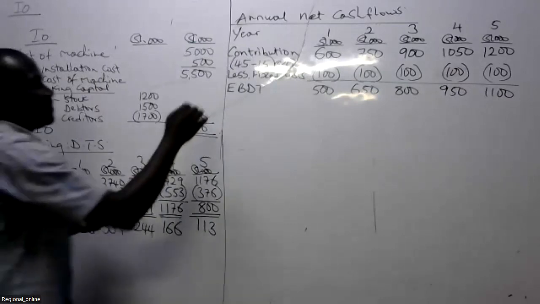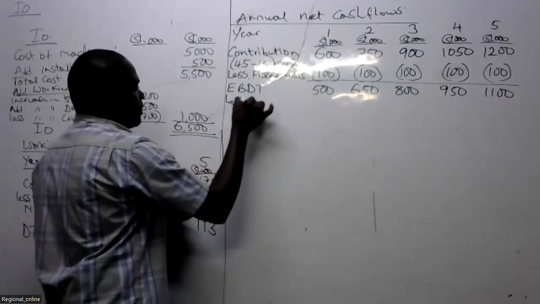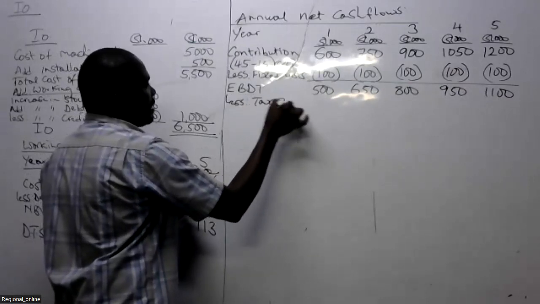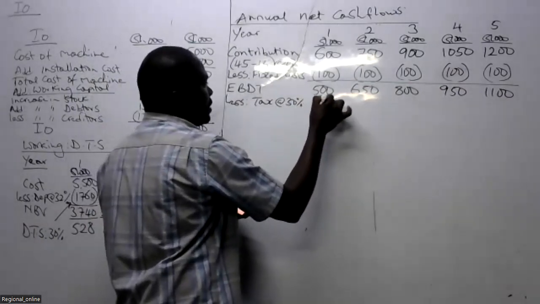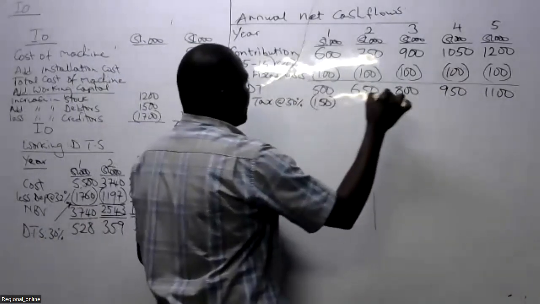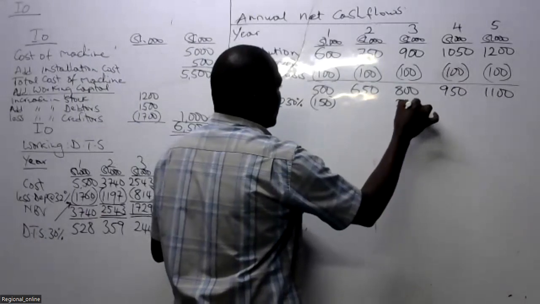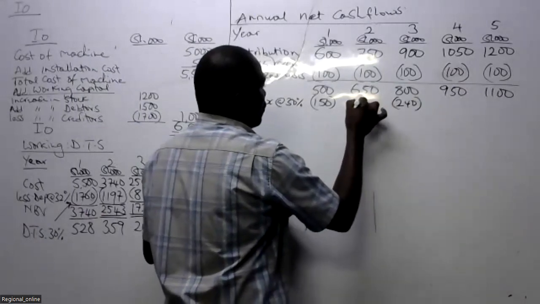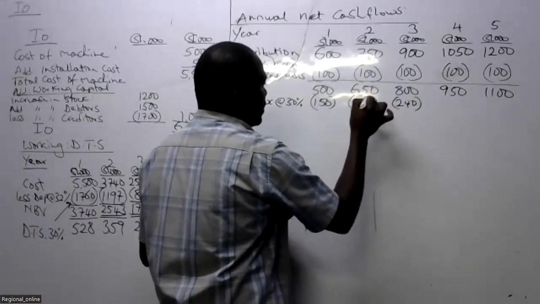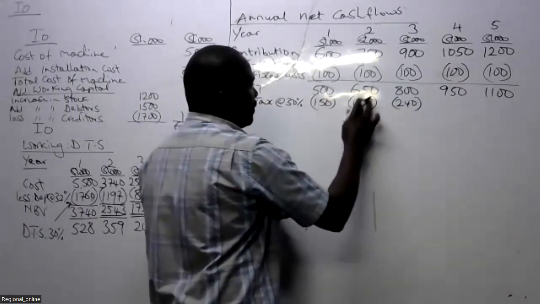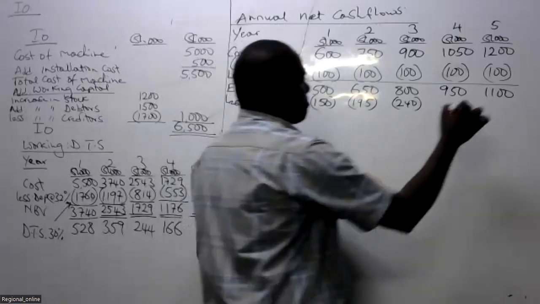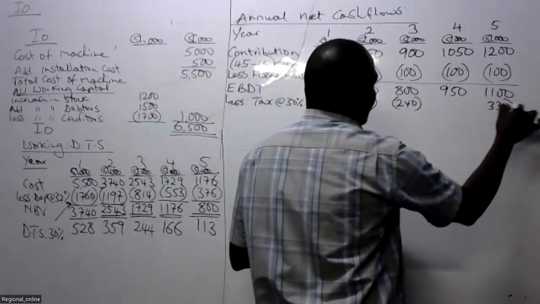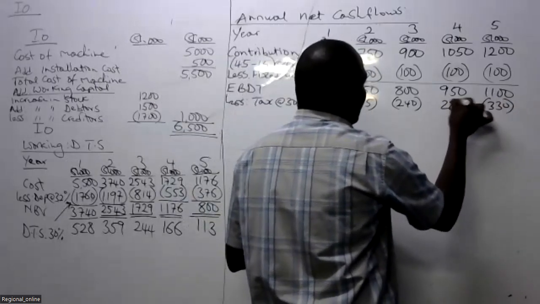What do we less? We less tax at the rate of 30%. This is 150. 30% of 650 is 195. Thank you. 30% of 950 is 285.